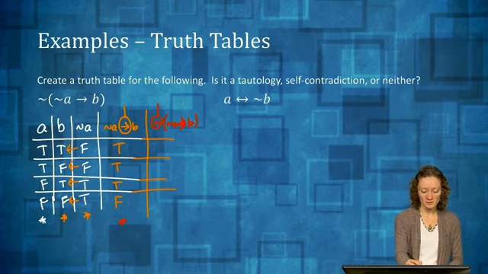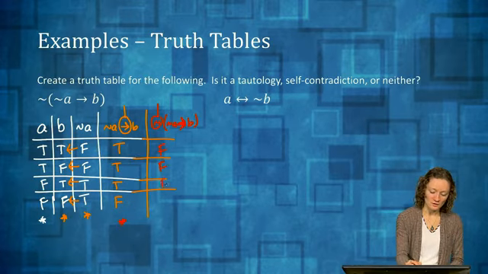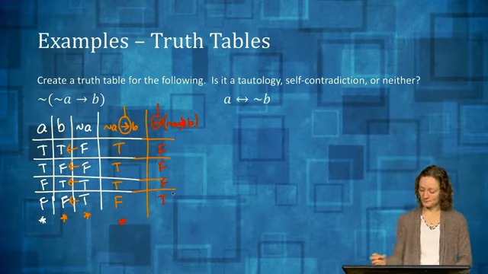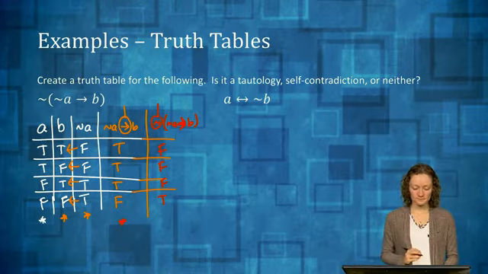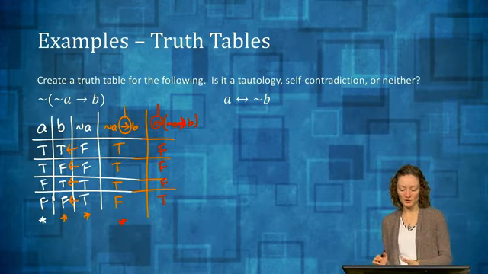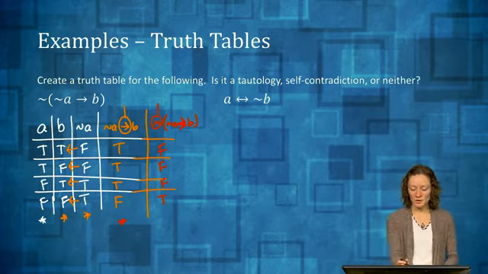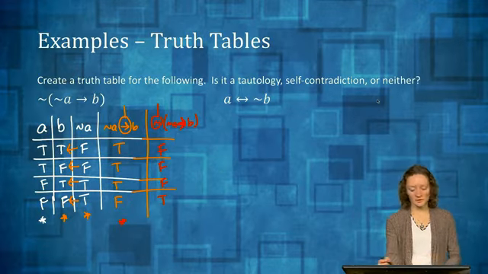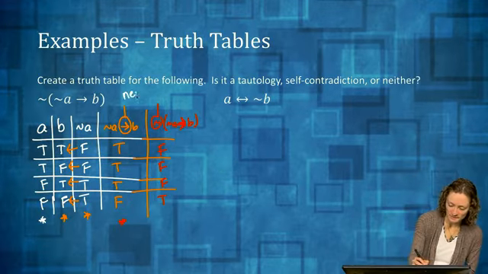True, true, true, false becomes false, false, false, true. All right, before we move on, we should then also answer, is this a tautology? Is everything true? No. Self-contradiction, is everything false? No, so it's neither. Nothing special about this.